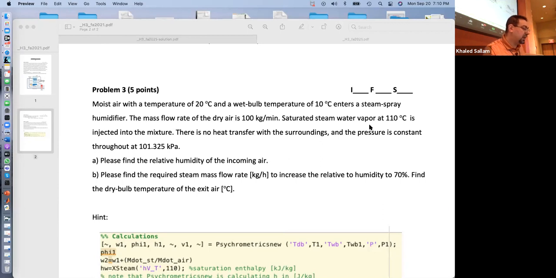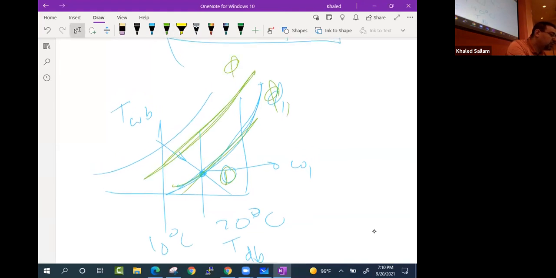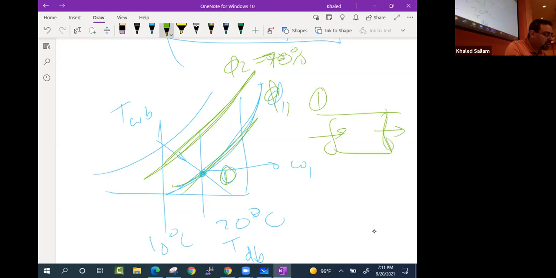So he's saying you got yourself state 1 and you can read phi1. Now he wants to go up to phi2 equals 70%. And he wants to figure out, in order to do this in that humidifier where he's throwing steam, how much m dot steam is needed to do the job?